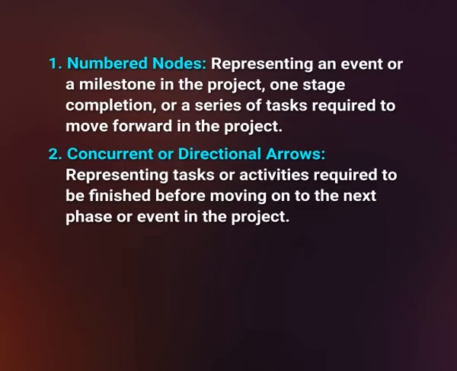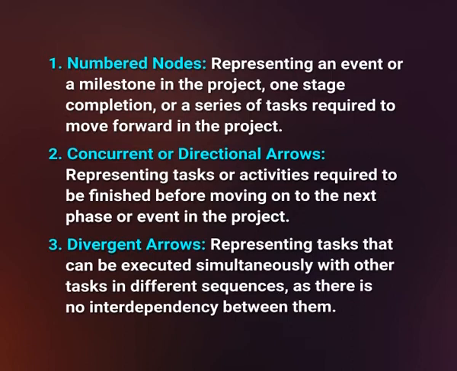Number 2, concurrent or directional arrows representing tasks or activities required to be finished before moving on to the next phase or event in the project. Number 3, divergent arrows representing tasks that can be executed simultaneously with other tasks and in different sequences, as there is no interdependency between them.